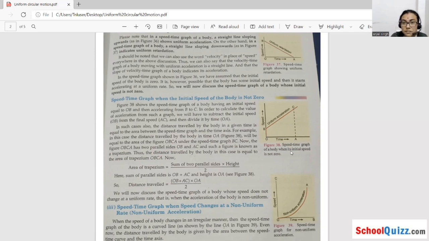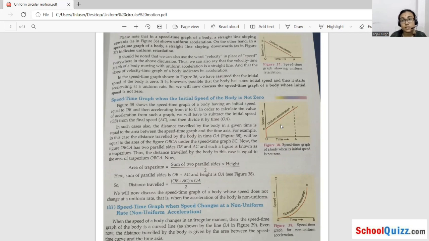When the initial speed is not zero, I think you can recognize the shape of this graph. The graph is OBCA. This is a trapezium.